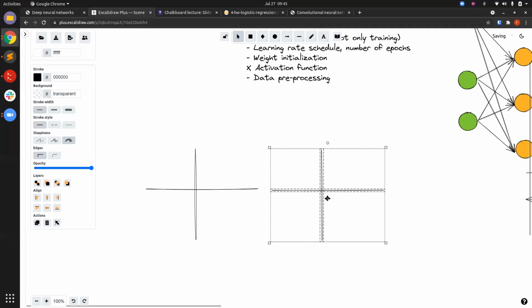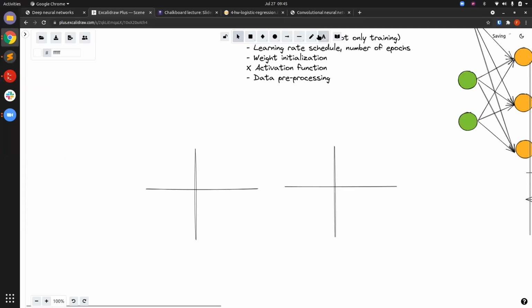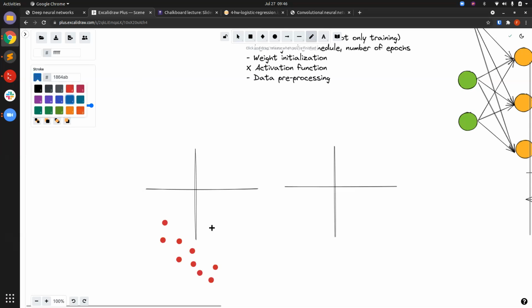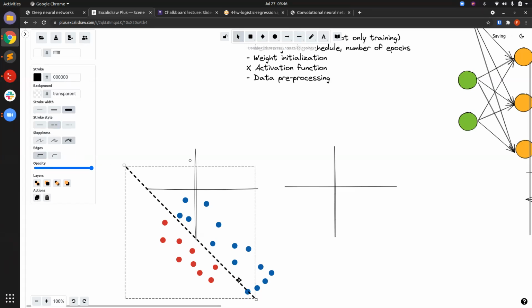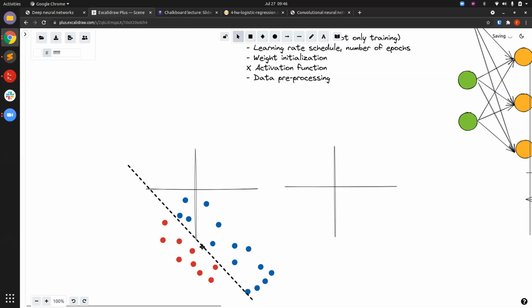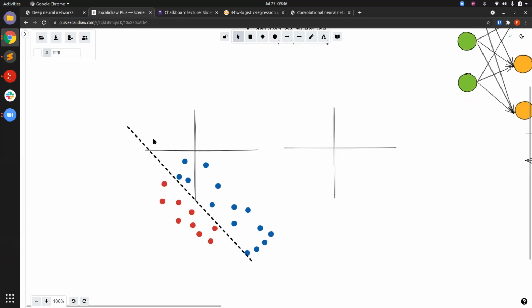Okay. So let's imagine some data set that you're going to train by a linear classifier. It's a binary classification problem. So we're training a linear classifier on this data. Now, how sensitive is my network to a small change in weights?